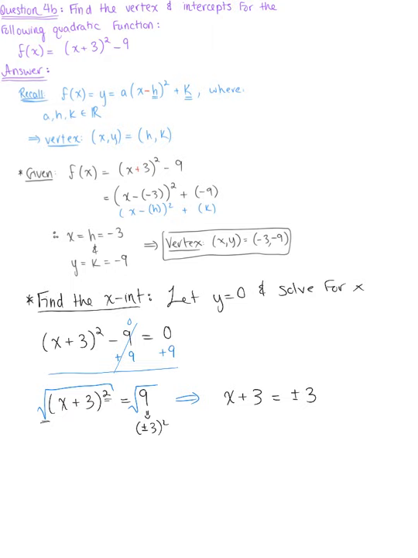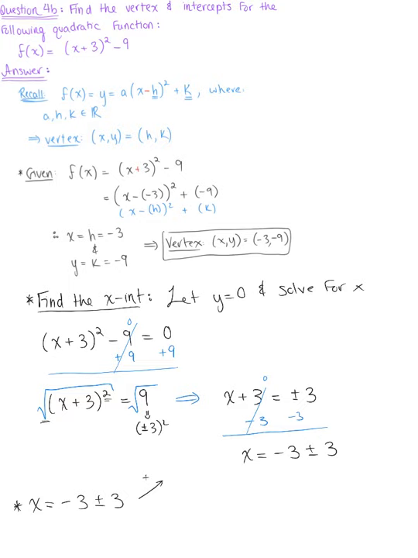Now we can subtract 3 from both sides of this expression. So positive 3 minus 3 combines to 0, and we're left with x is equal to negative 3 plus or minus 3. We're going to need to consider the two cases here. So let's rewrite this over here: x is equal to negative 3 plus or minus 3.